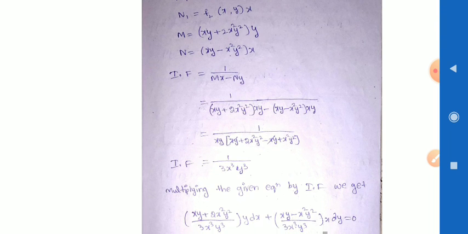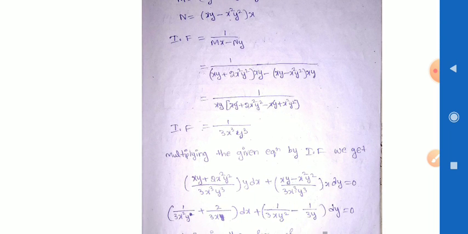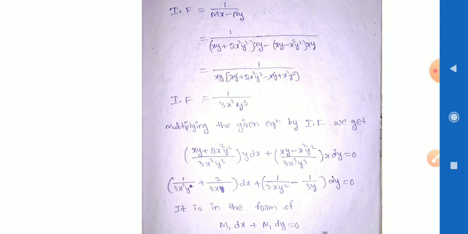Then by simplification, taking xy as common, we get 1 by xy into [xy plus 2x square y square minus xy plus x square y square]. Here xy is cancelled, and by doing the addition we get the integrating factor is equal to 1 by 3x cube y cube, which is the integrating factor.